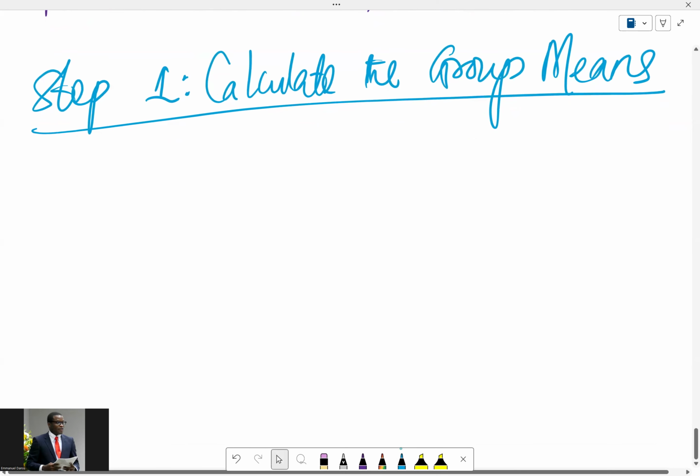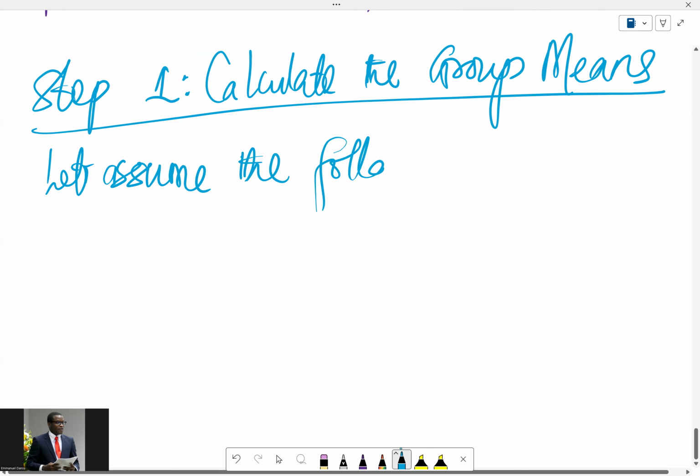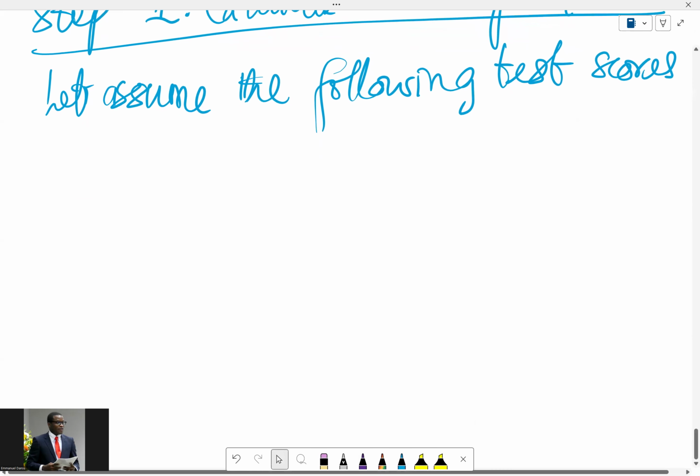So let's assume the following test scores. You're going to have a combination of factors and then walk through it like that.